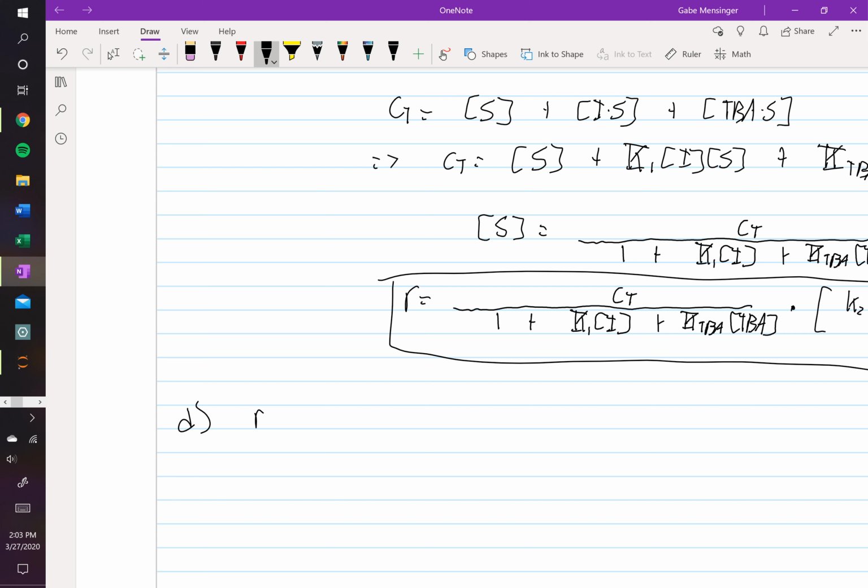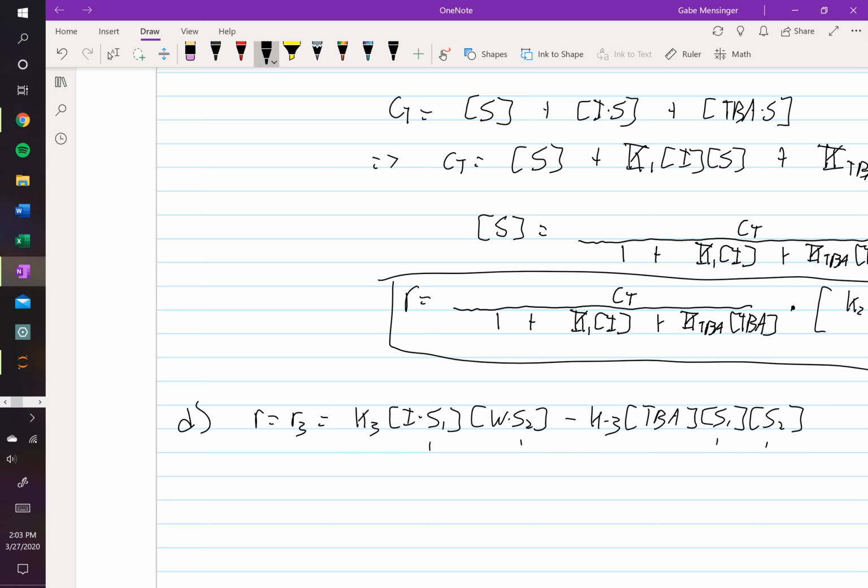So based off that, R is equal to R3, which is equal to K3 times I dot S1 times W dot S2 minus K minus 3 times TBA times S1 times S2.